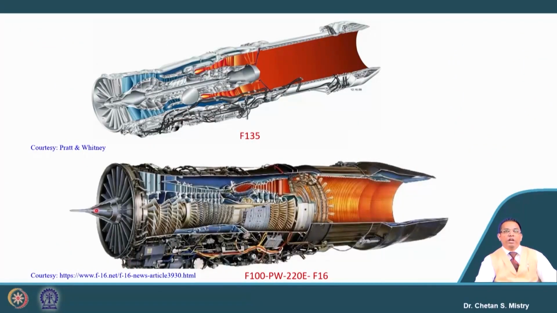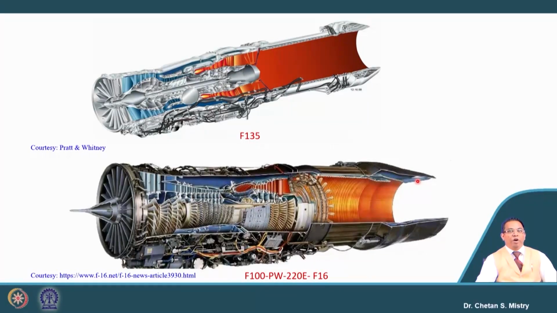Okay. So, here if you look at, these are the cut sections of two different engines. Let us take this as example, it is F100 Pratt and Whitney, where we are having a number of fans here, that will be followed by HP compressor or compressor stages, combustion chamber, HP turbine, LP turbine, and somewhere here you are having a mixing chamber, that will be followed by the afterburner, and this is the exit, and this exit is a convergent divergent nozzle, and we have discussed these nozzles are variable area convergent divergent nozzles.